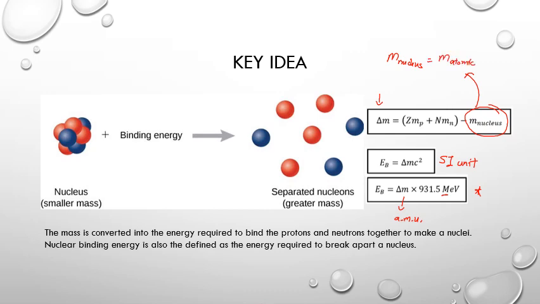Now, an atom is a particle that consists of electrons, therefore minus the mass of the electrons, ZME. Then you will obtain the mass of a nucleus. Once you have it, you can use it to calculate mass defect by using the equation given right here. So that is mass defect and binding energy.